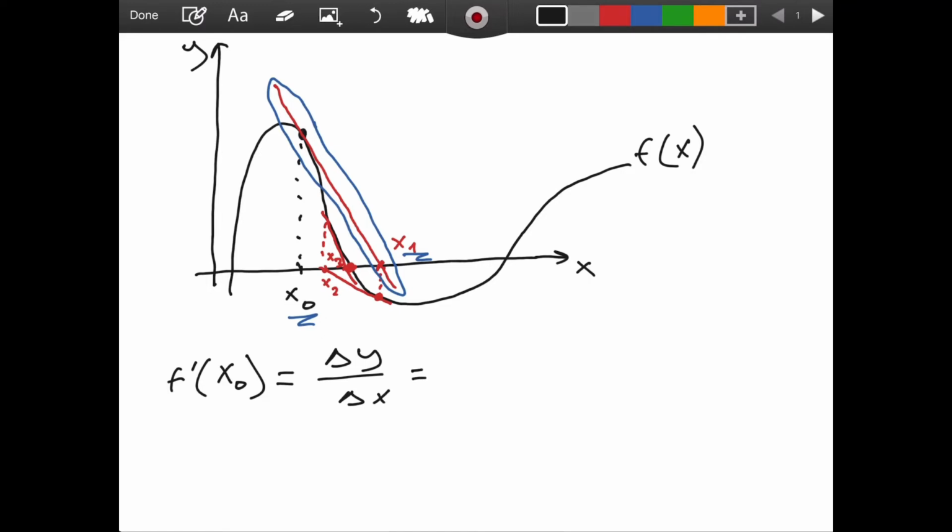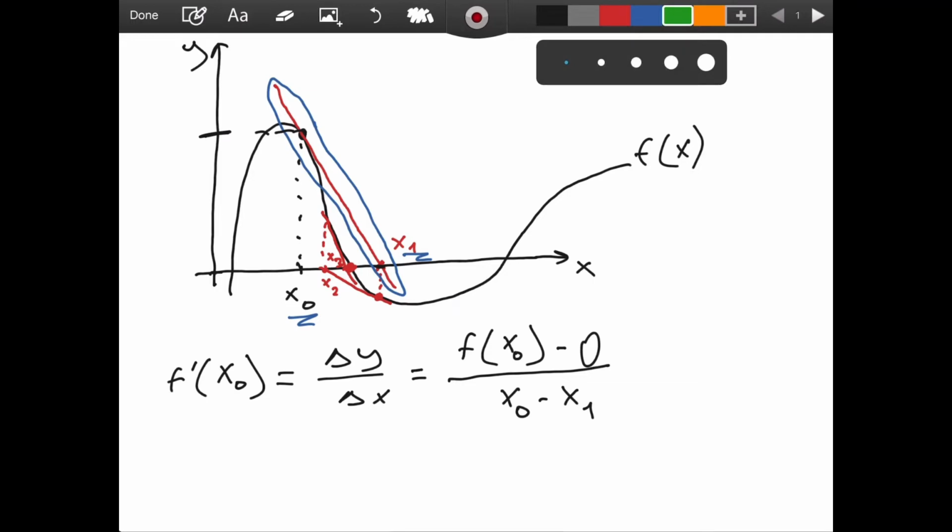Well, for our delta y, we will have f of x naught, right? This point corresponds to f of x naught minus, well, 0, because we are on the x-axis, and then we will have x naught minus x1, right?